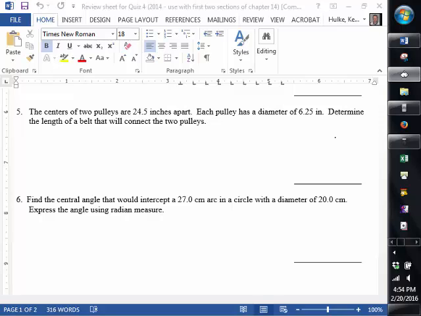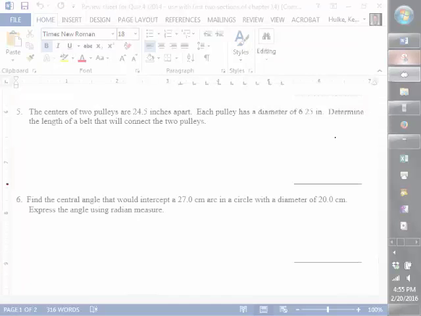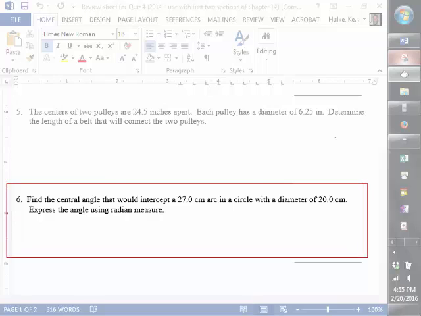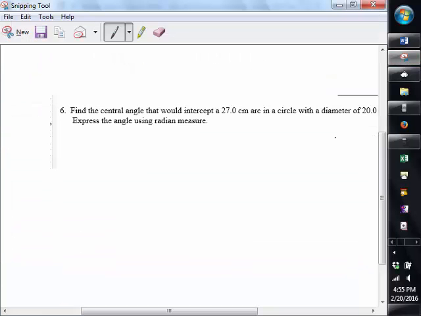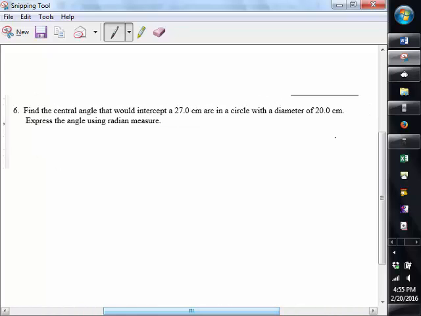Let's see here. Find the central angle that would intercept an arc in a circle with a diameter of 20 centimeters. Okay, so the arc is 27 centimeters.